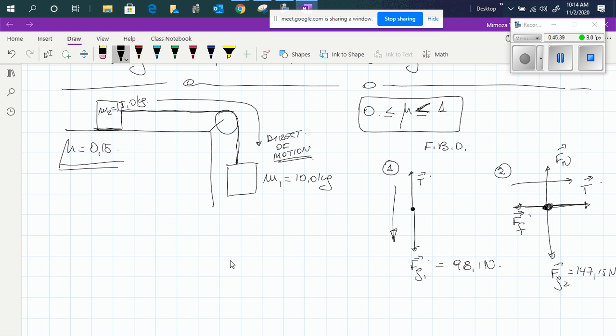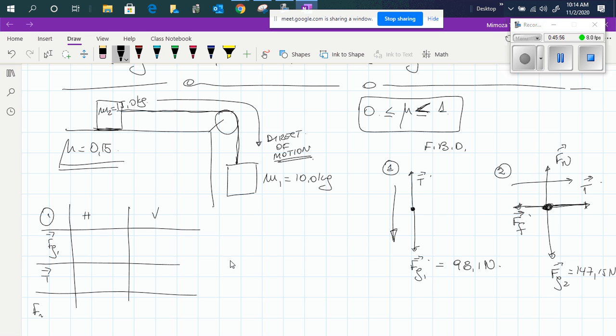Now, based on this free body diagram, we build the table of components. For object 1, we will have horizontal and vertical, force of gravity 1, tension, and force net. Then on the horizontal, everything is equal to 0.